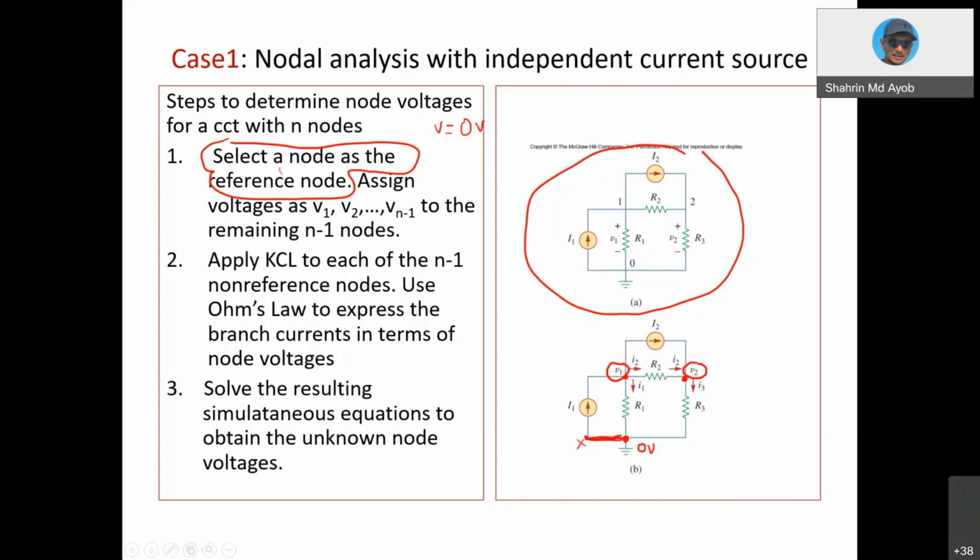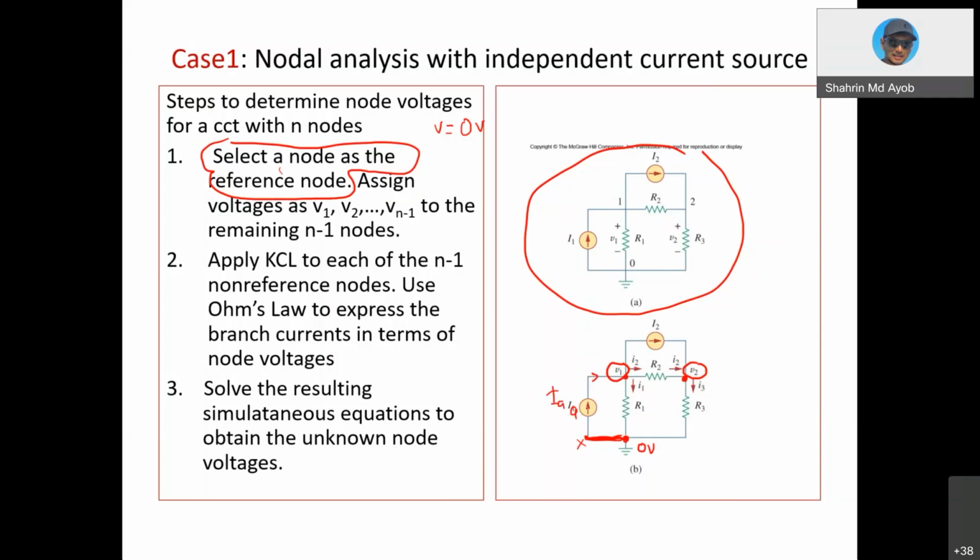And then the second step is to apply Kirchhoff's current law to each of the non-reference nodes. Use Ohm's law to express the branch current in terms of node voltage. So by using KCL for each node, you need to define the flow of the current. For example, this one is much better as IA, because you have I1 here.